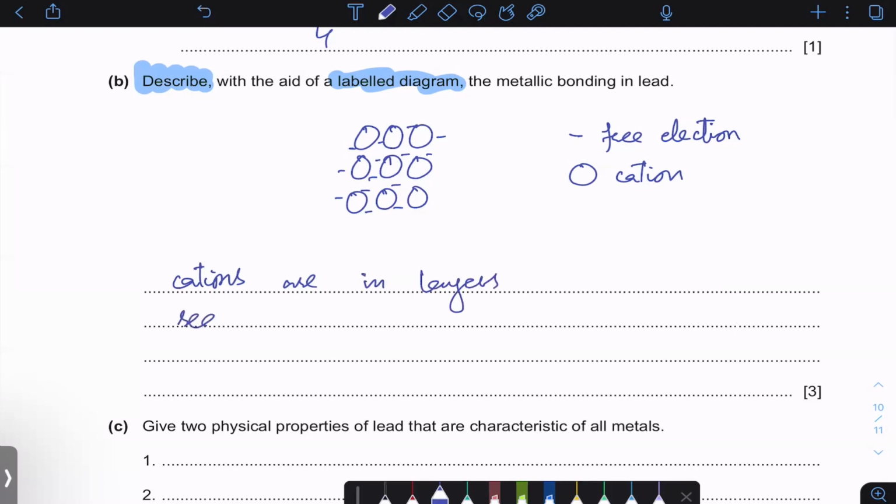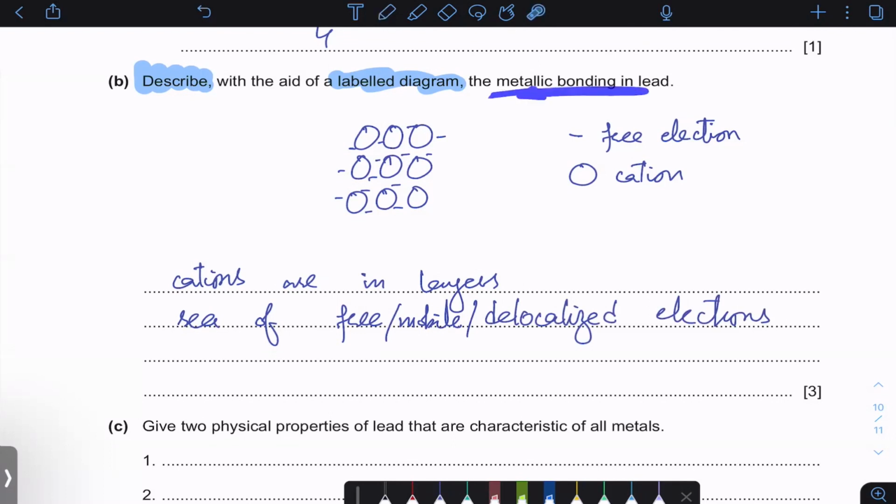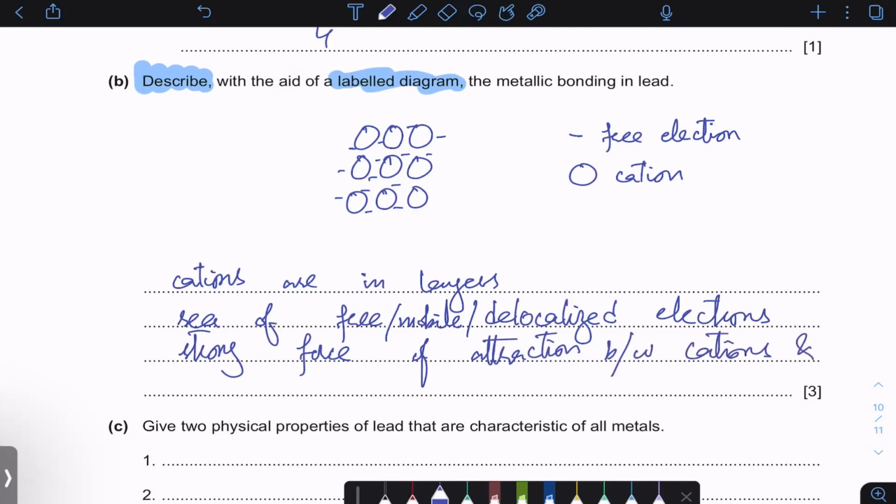There is a sea of free या mobile या delocalized electrons. लेकिन बॉन्डिंग की कहाँ बात हुई है? आपने तो structure बताया, bonding की तो बात ही नहीं की. Force of attraction तो बताया ही नहीं. The force of attraction is between positive and negative things. पॉजिटिव चीज क्या है? Cations. नेगेटिव चीज क्या है? Electrons. So there is strong force of attraction between cations and electrons. और ये आपकी metallic bonding होती है.